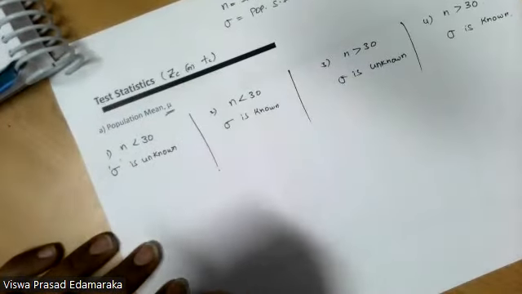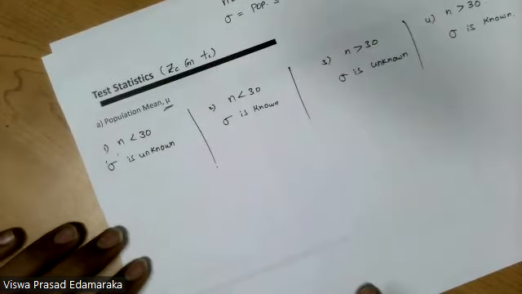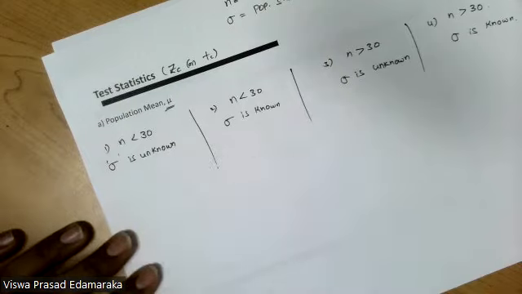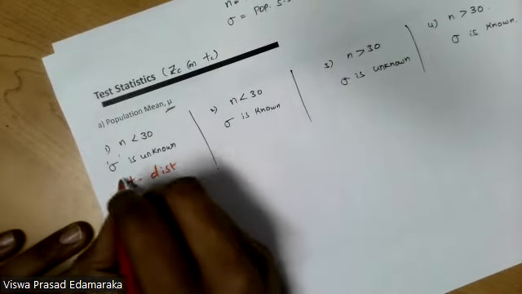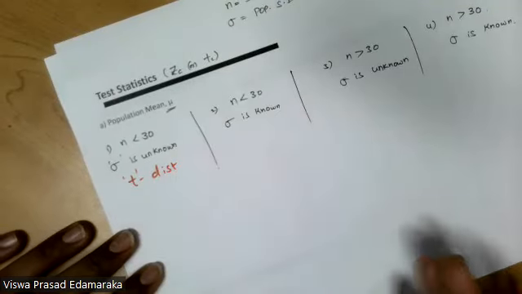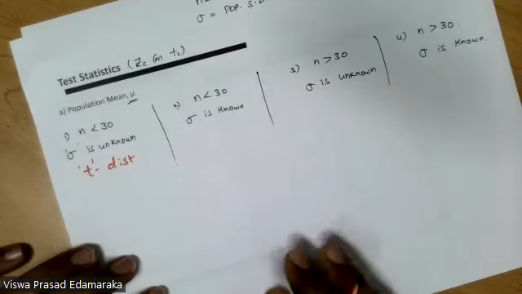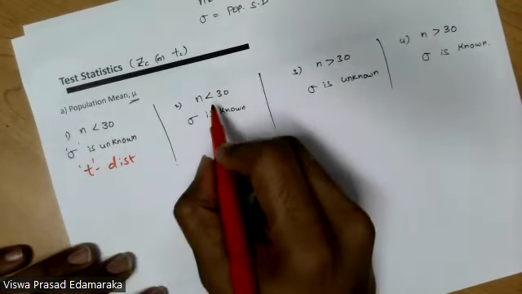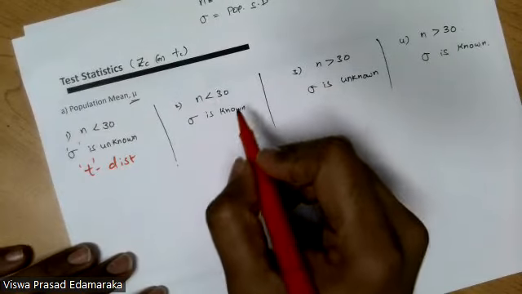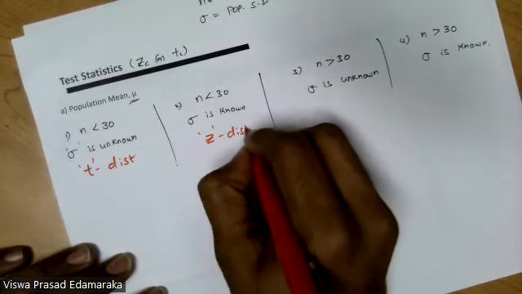If the sample size is less than 30 and you don't know the sigma value, then we go with the t distribution. This is how we define whether it is t or z distribution. N less than 30 and sigma unknown in the question, t distribution. Whereas n less than 30 and sigma known, we go with z distribution.